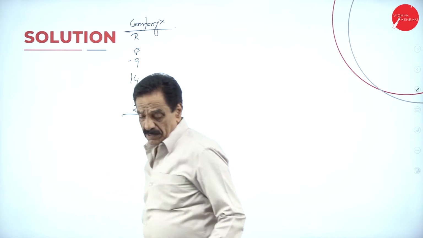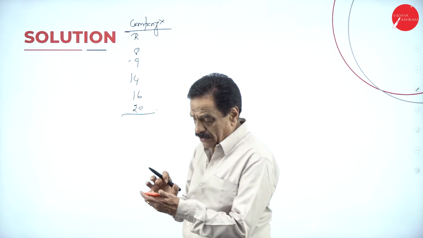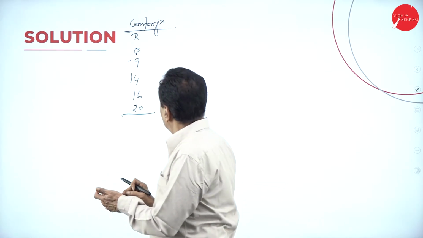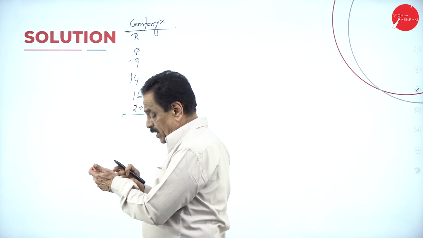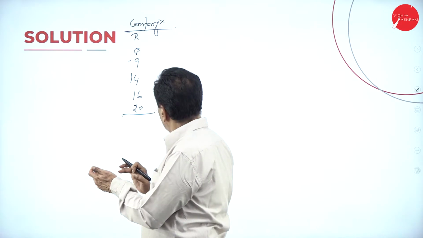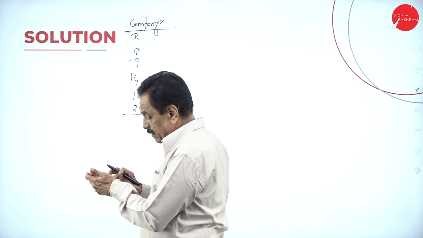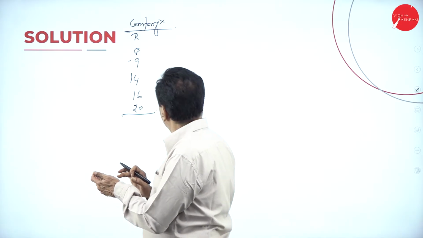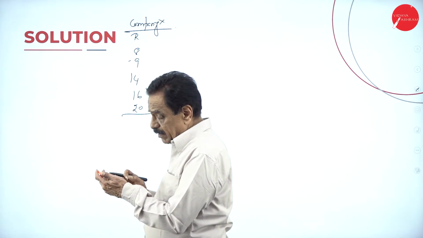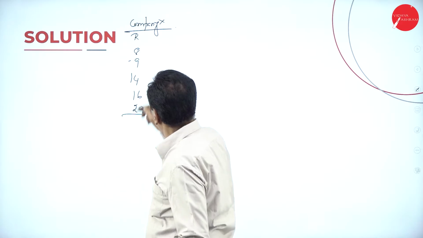Add the returns, make the total of this. First is 8 plus 14 plus 16 plus 20 minus 9 is equal to 49.